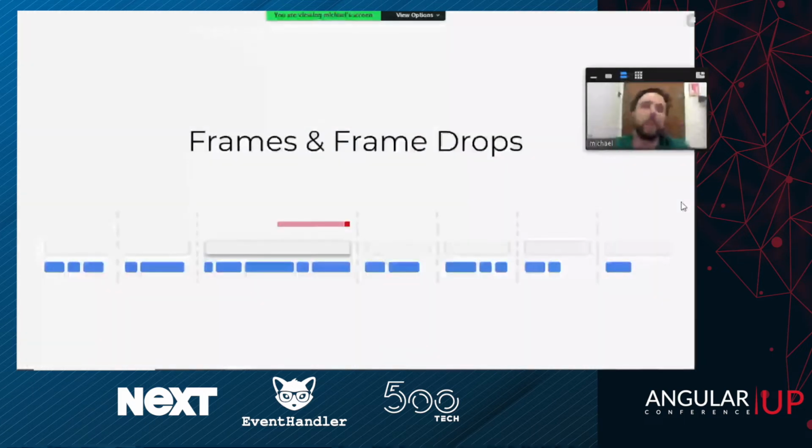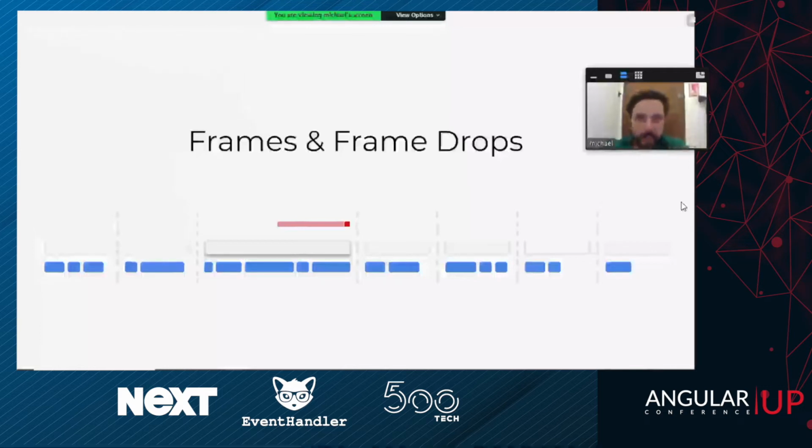As we now know what tasks are and how scheduling works, I can give you a little bit more information on what a frame drop is, and this is basically today's problem. A frame drop or blocked UI is marked in the browser as red.